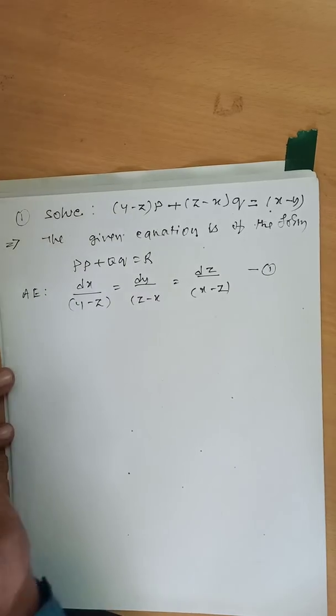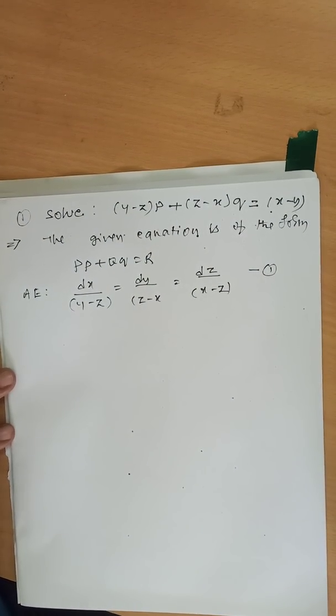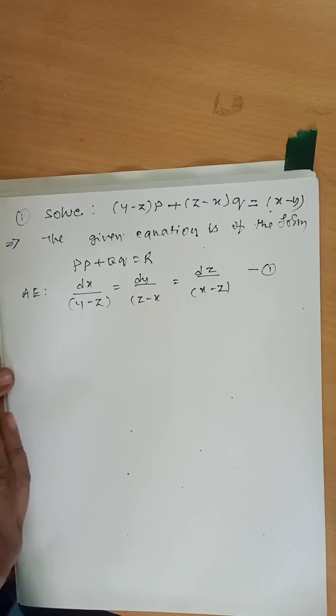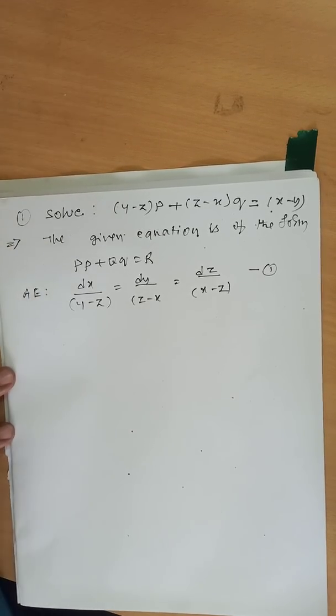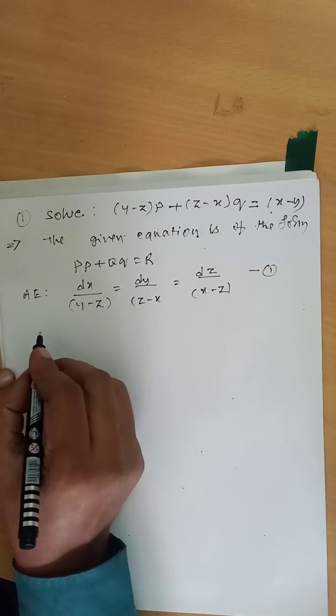Only u and v are interchanged, because 1 plus 2 is equal to 3 or 2 plus 1 is equal to 3, like that, no problem.